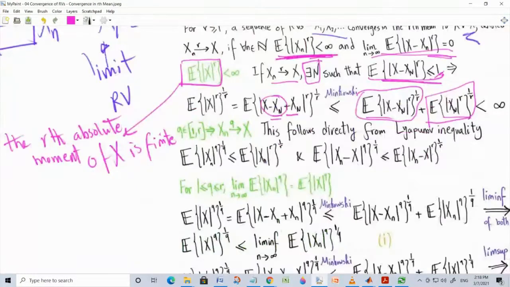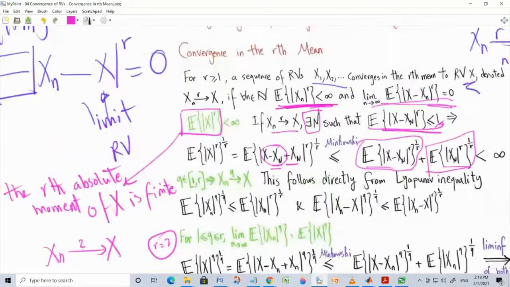So, suppose that Xn converges to X with r equals 2; then Xn converges to X, and you can put here any number between 1 and 2. You get it automatically.